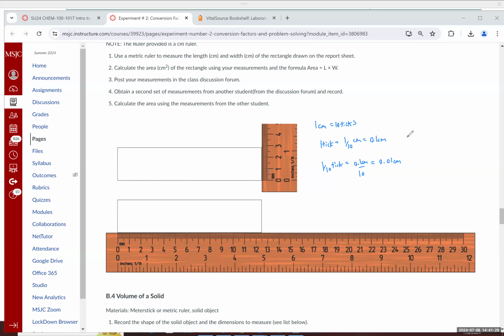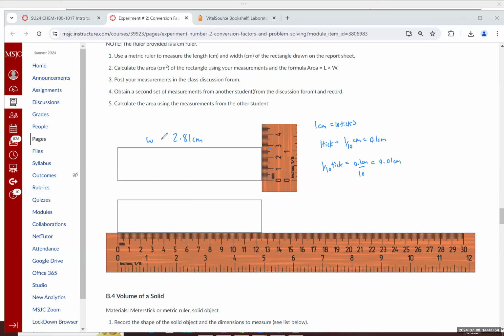So we can estimate up to the 100ths place. Okay, so now from here, we see that we're past the 5, 6, 7, 8. So we're a little bit past 2.8. So I can measure this as 2.81 centimeters.